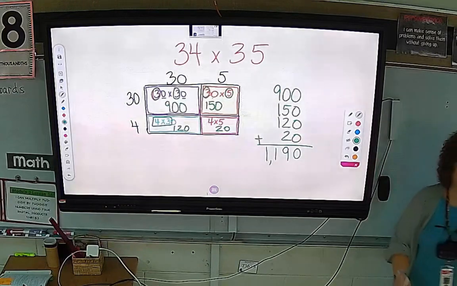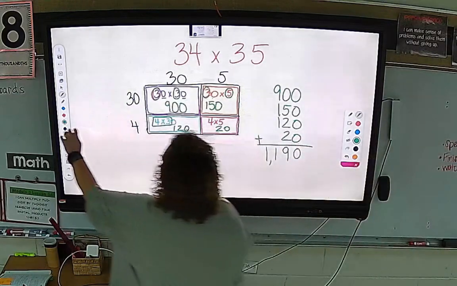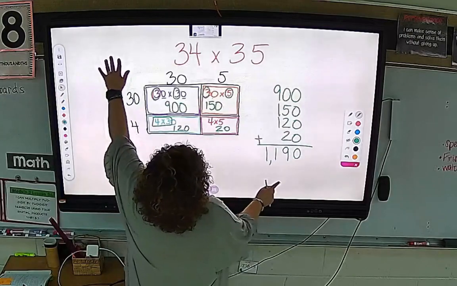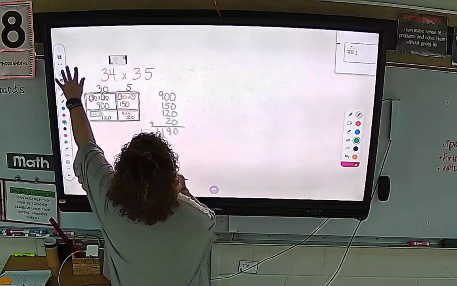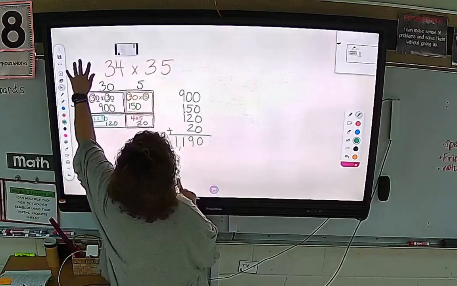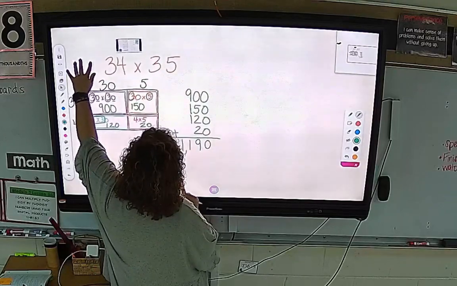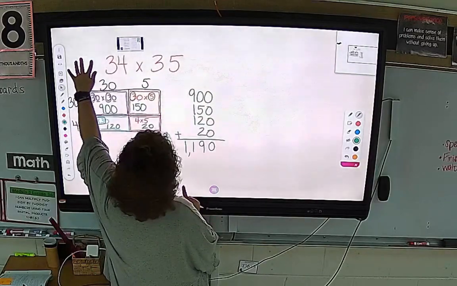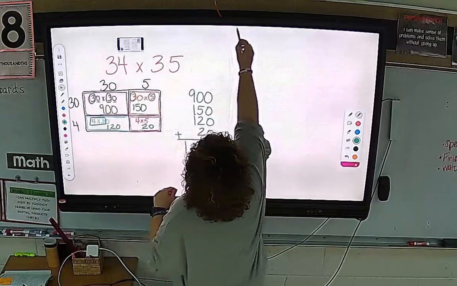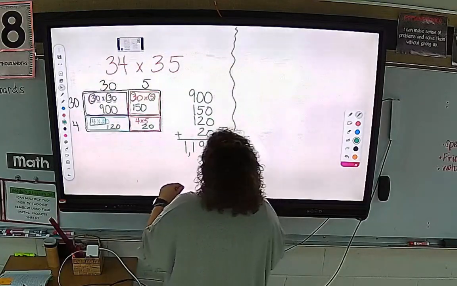Now, I'm going to shrink this a little bit. I'm actually going to move it over, and I'm going to put the whole partial product process on the side. Let me just separate it right here so we don't get anything confused.